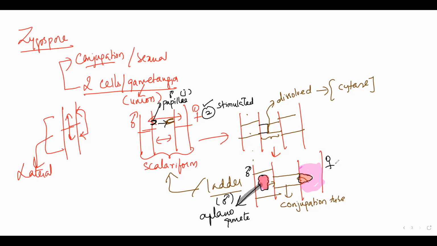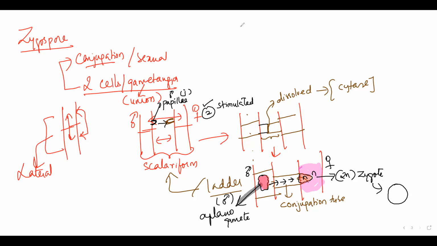That's it. Now the male gamete will move through the conjugation tube, and it has already reached the female. Now they both are going to fuse together, haploid and haploid, and this is going to result in the formation of a diploid zygote. Now you can see that your zygote is going to secrete a thick wall.